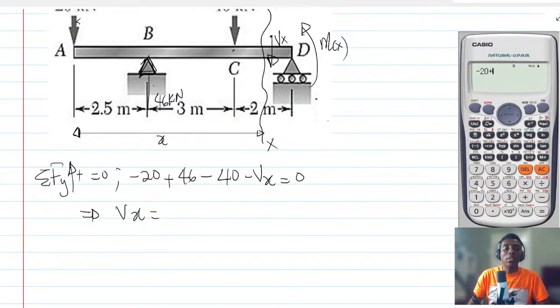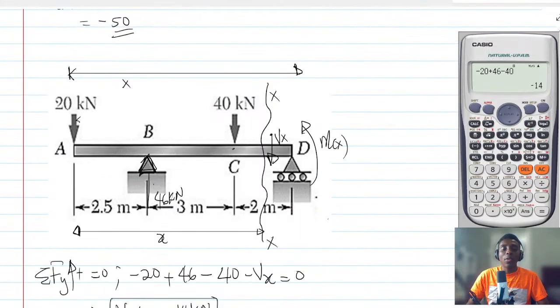Minus 20 plus 46 minus 40. And that is what? Minus 14 kilonewton. All right. So that is minus 14 over there.